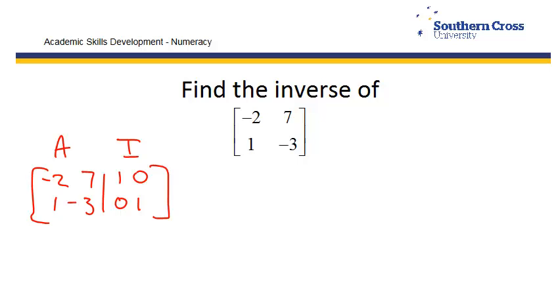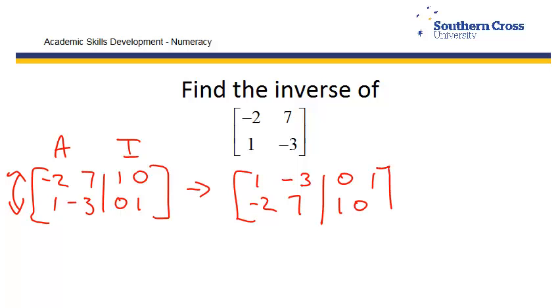It would maybe simplify matters a little bit. So we're going to swap these two rows. So that will lead to us getting 1, negative 3, 0, 1, negative 2, 7, 1, 0.